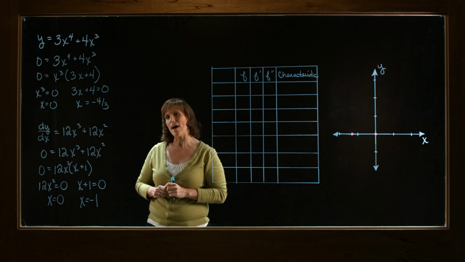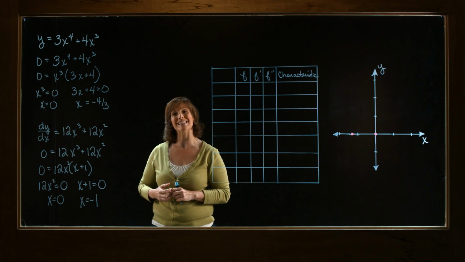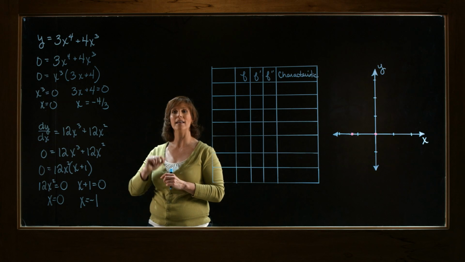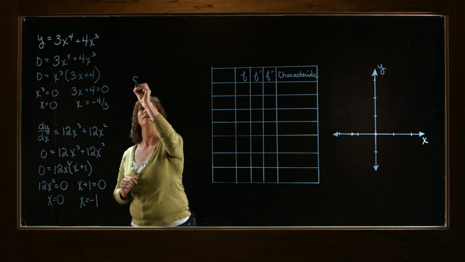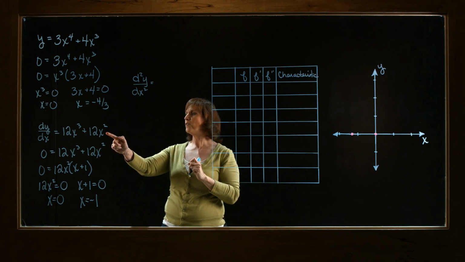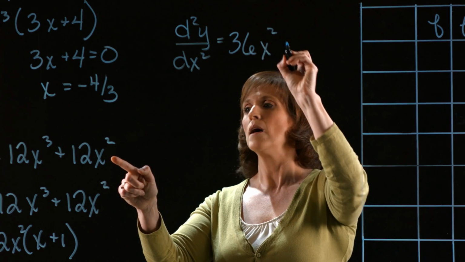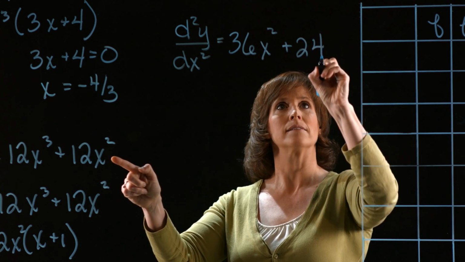Well, we know that we can determine whether a graph is concave up or concave down by looking at its second derivative. So let's go ahead and look at the second derivative. The second derivative will be 36x squared plus 24x.